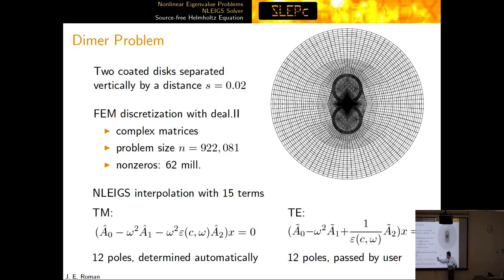The difference between the two is that here it's possible for SLEPc to determine the poles automatically. So the user just provides the rational function and does not need to provide the poles because they can be determined by SLEPc. In this case, since the rational function is more complicated, we have to compute the poles outside and pass them to the solver.